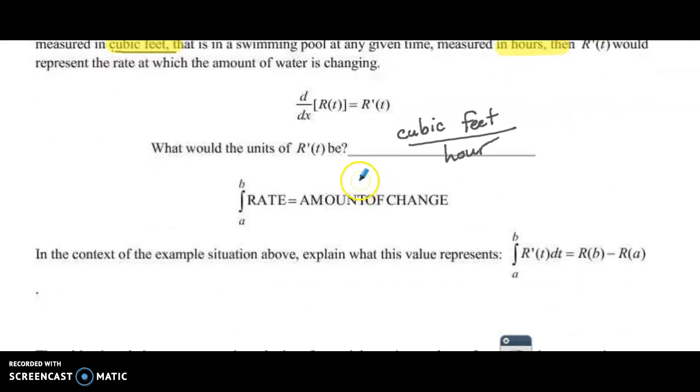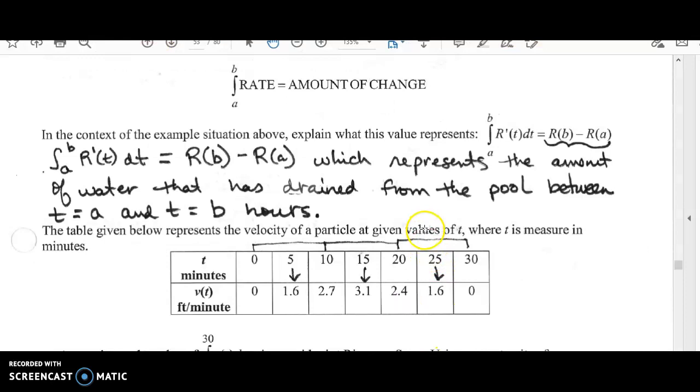Whereas if we work backwards, so to speak, the antiderivative, or the integral from a to b of the rate, is equal to the amount of change. So just to give you context of the same example above, I'm just going to go to the answer key.